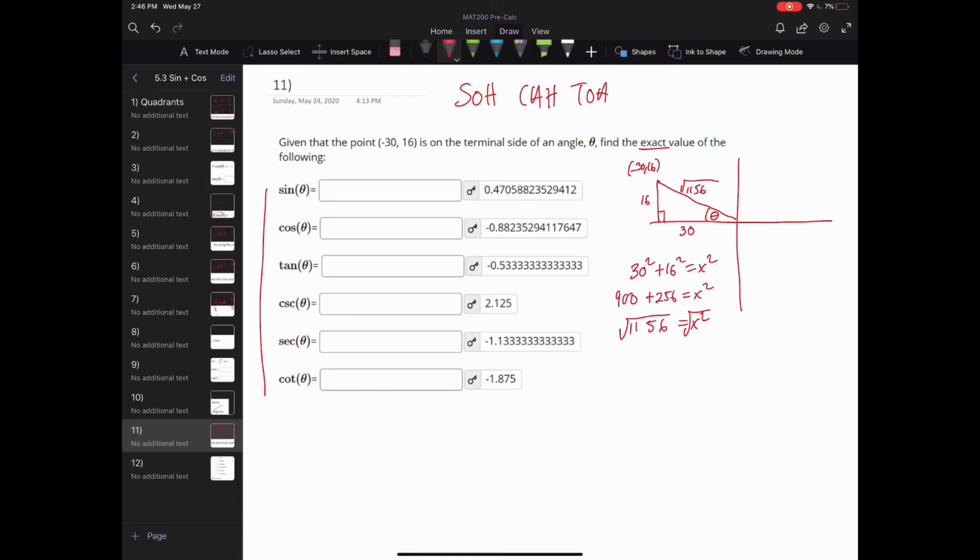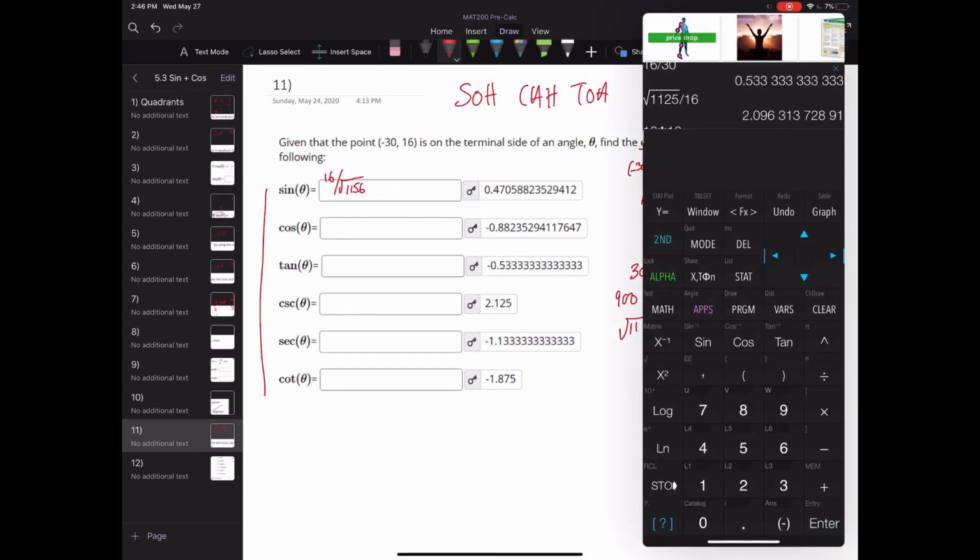So sine of theta is opposite over hypotenuse, 16 over square root of 1156. Let's just type it in and see if we get that crazy decimal. 16 divided by the square root of 1156. And yes, we do.